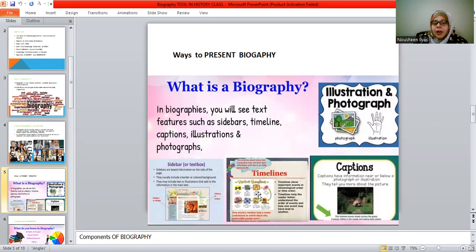Like a timeline, it's a very good method to teach history by using biography. We can make timelines, even for explaining an event. So it's a very easy component.